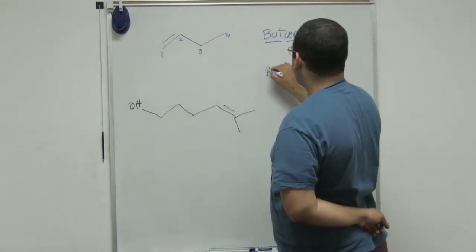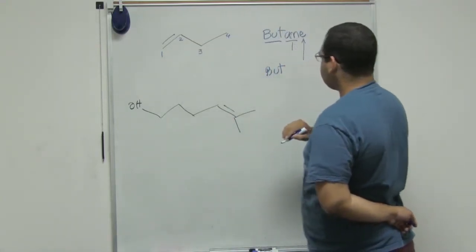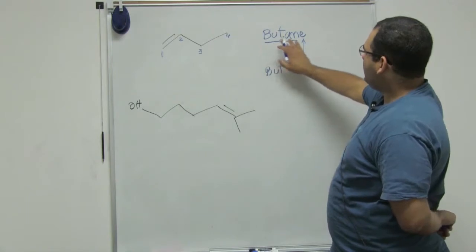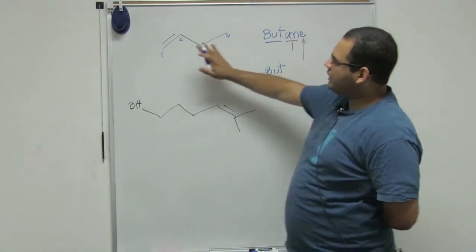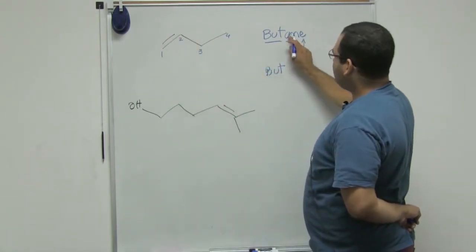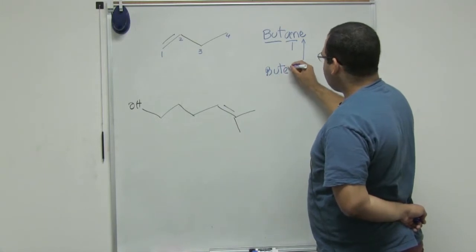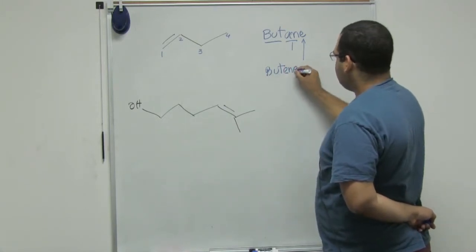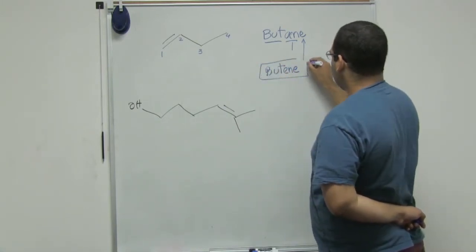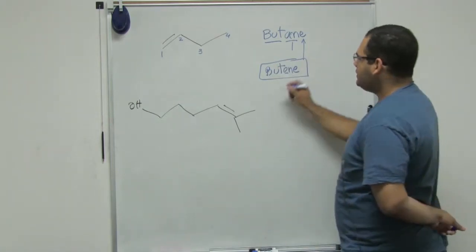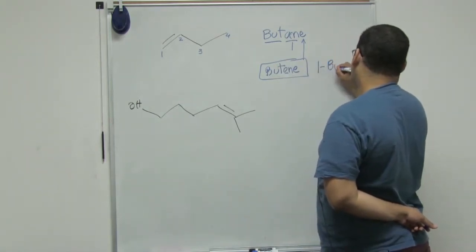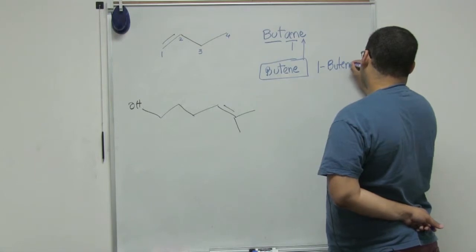We have 4 carbons, so but. Now we do not have only single bonds, we have 1 double bond. So instead of the A, I'm gonna use the E and then the functional group. So butene. Or I could say 1-butene. It's totally fine.